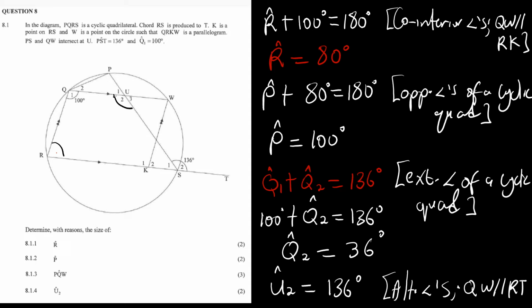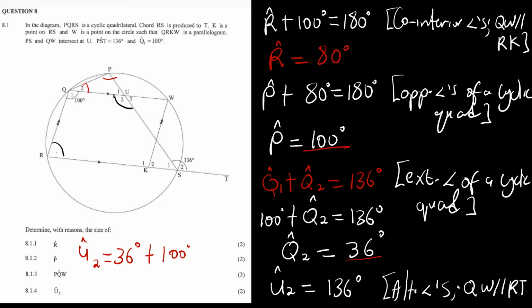So that's how we can find it, or you can simply use the exterior angle of a triangle, where you say angle U2 is equal to angle Q2 plus angle P. Angle Q2 is 36 degrees, plus angle P, which is 100 degrees.